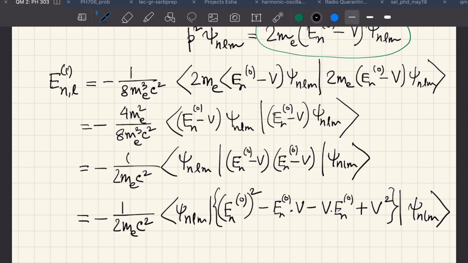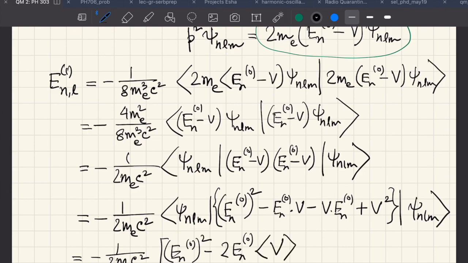I can always take En0 to the left of V, and write the final answer as 1 by 2mec squared, with En0 squared remaining, then minus 2En0 times the expectation value of the V operator in the NLM state, and then the V squared expectation value in the NLM state.